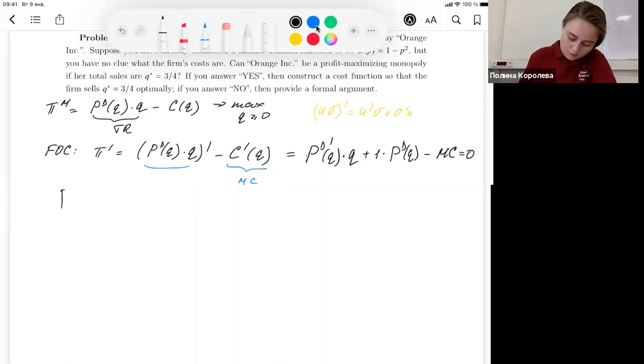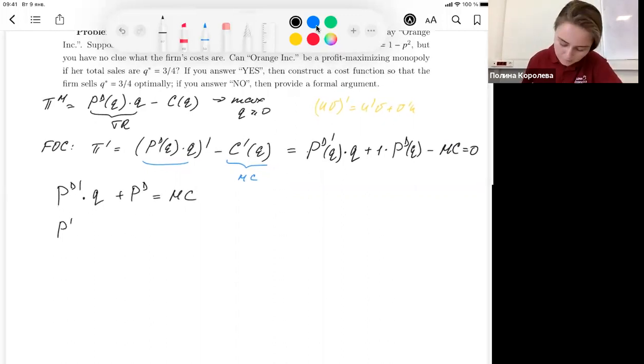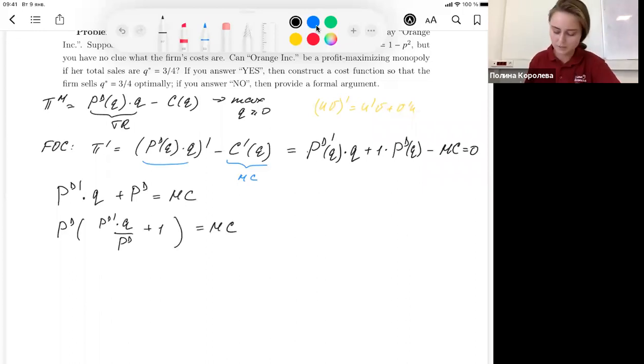So let's write down: PD prime multiplied by Q plus PD equals marginal costs. Let us put the price, the inverse demand function, outside the brackets on the left side. This will be the inverse demand function times PD prime multiplied by quantity over PD, plus 1, equals marginal costs.